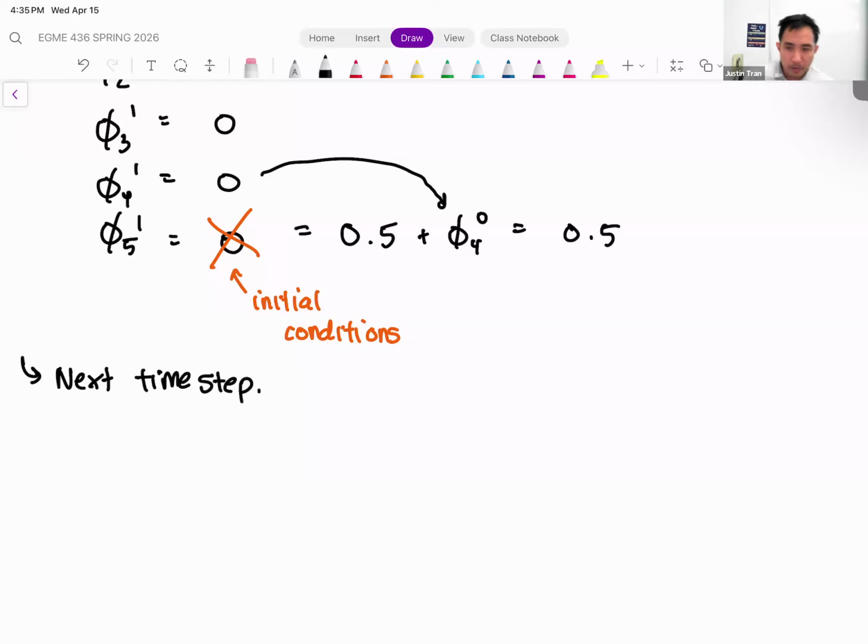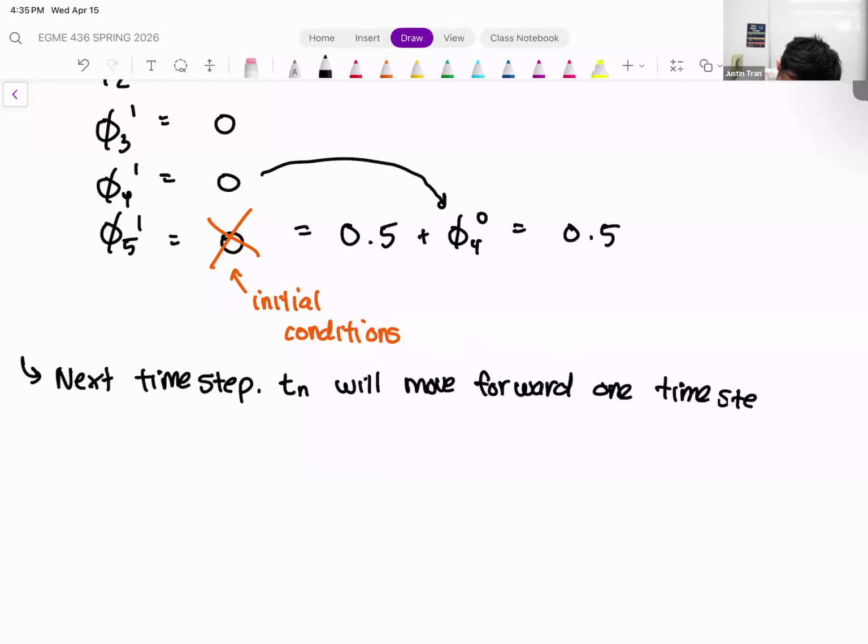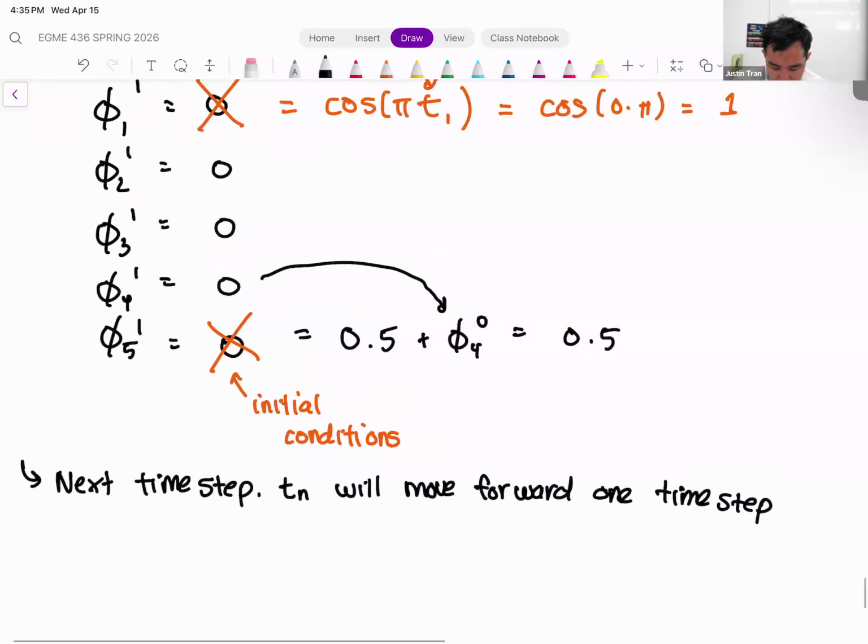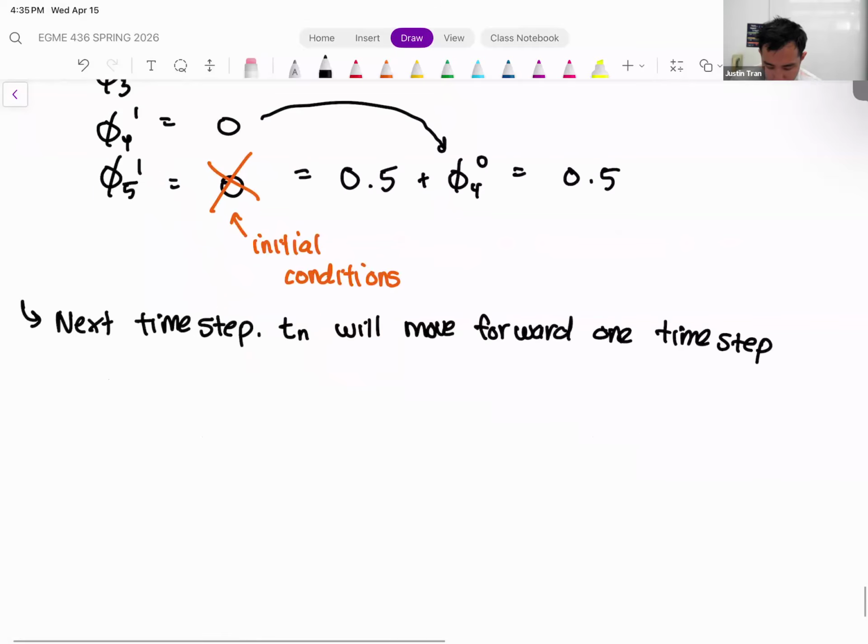At the next time step, our current time Tn is going to advance forward. It's going to march forward one time step. Tn started at 0, and after we advance forward one time step, it's stepped forward by 1 delta t.